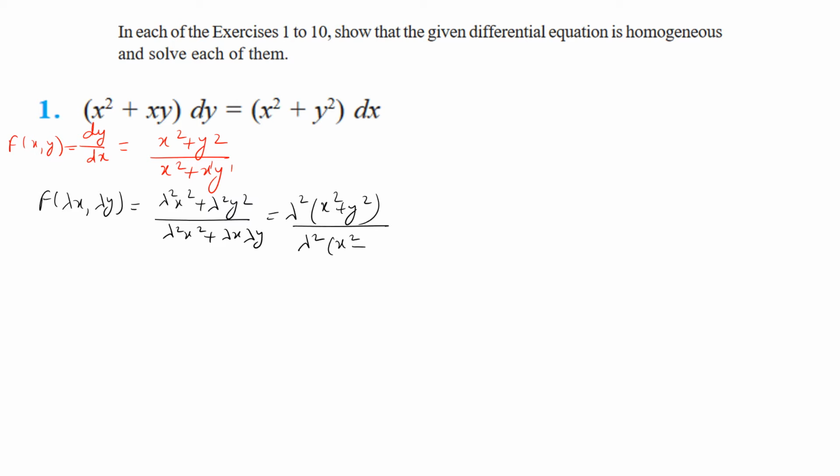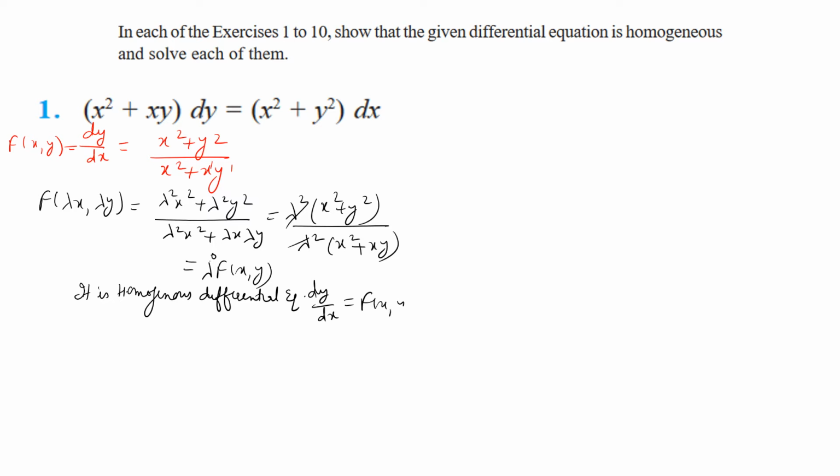So what we will get is that it becomes the same as f of xy, with lambda raised to power 0, because it is reduced. So it is a homogeneous differential equation. Now this is of the form dy upon dx equal to f of xy.